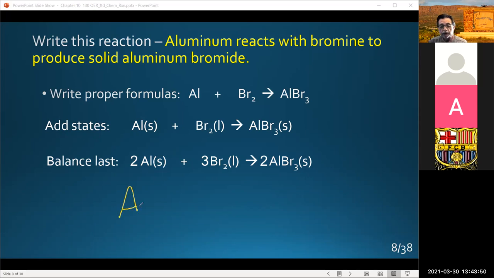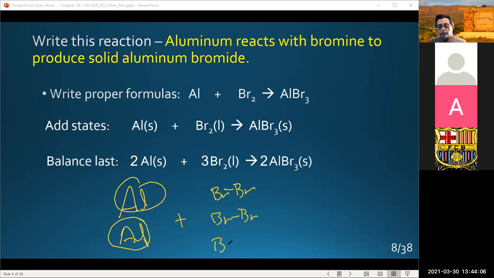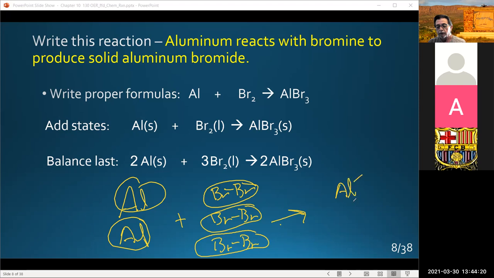So I need 2 aluminums, which then react with 3 bromines, which then gives us, this is better, Br, and then aluminum here, Br, Br, Br.